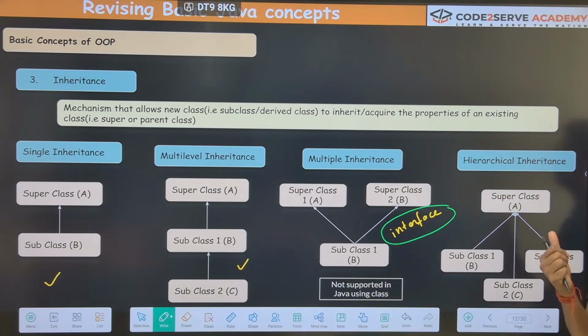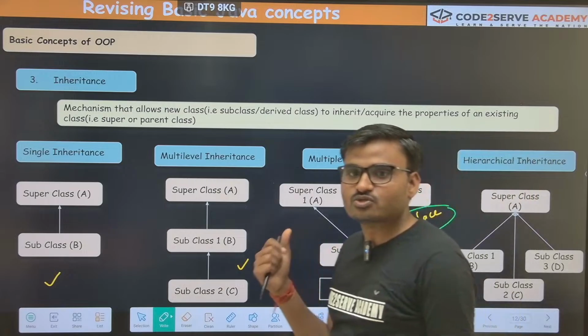Next is hierarchical inheritance. In hierarchical inheritance, you will see here there is class 1, class 2, class 3. This class is also inheriting from this one, this class is also inheriting from this one, and this class is also inheriting from this one. You can think of these as your siblings.